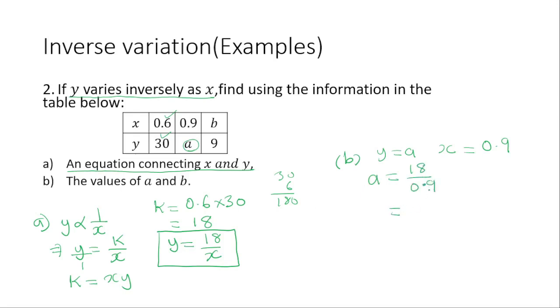We multiply the numerator and the denominator by 10 so that we have a whole number in our denominator. So a will be equal to 180 over 9, which is 20. So a is 20.